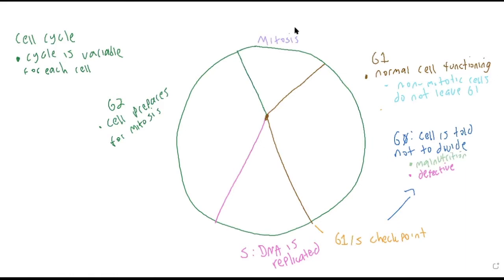Okay, so now we need to talk about some chromosome terminology. So I'm going to show you here. This is what's called a karyotype. A karyotype is a snapshot of chromosomes that everyone has in their body.